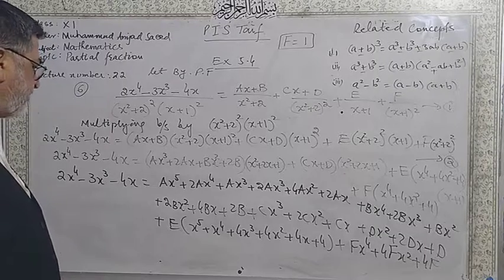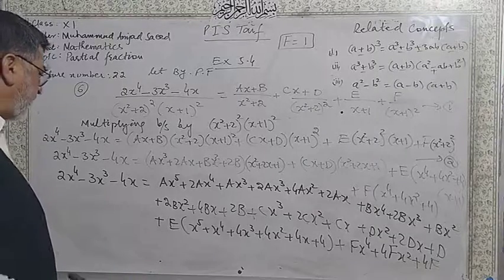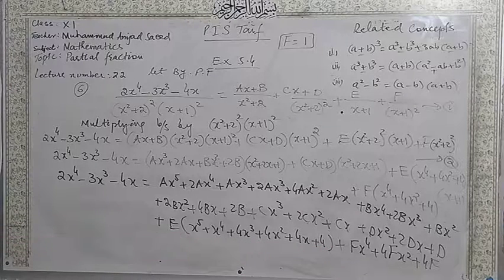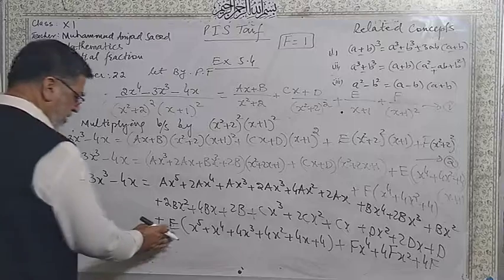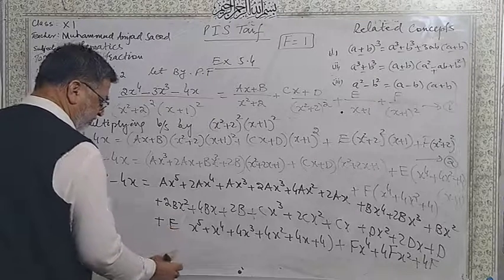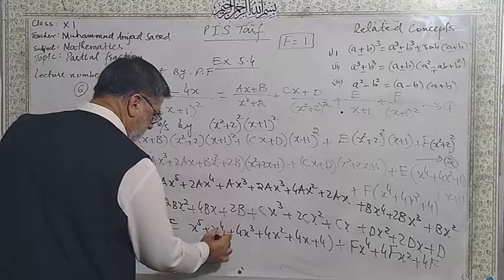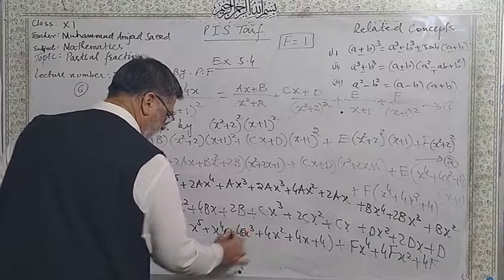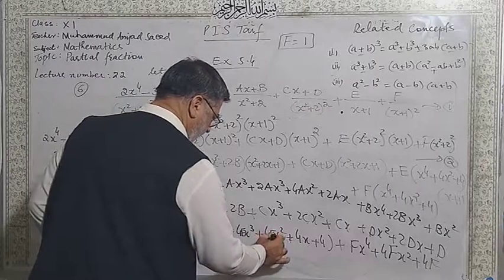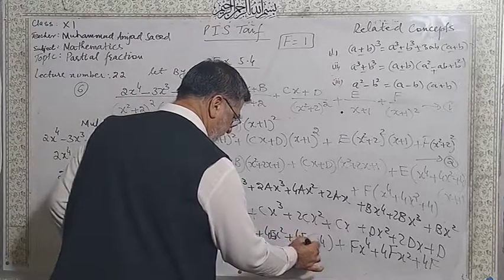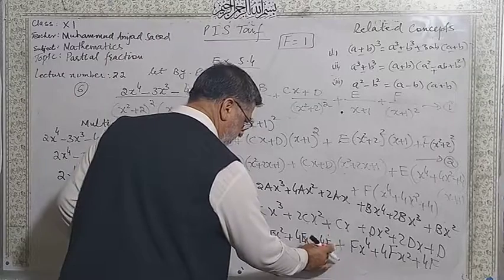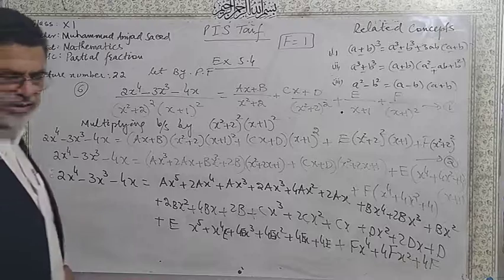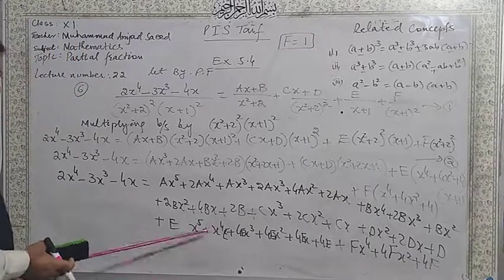Now if we multiply this whole term by e, we can write down ex5 plus ex4 plus 4ex cube plus 4ex square plus 4ex and 4e. Actually I have saved one step, it was too long a step, so that's why I multiplied here.